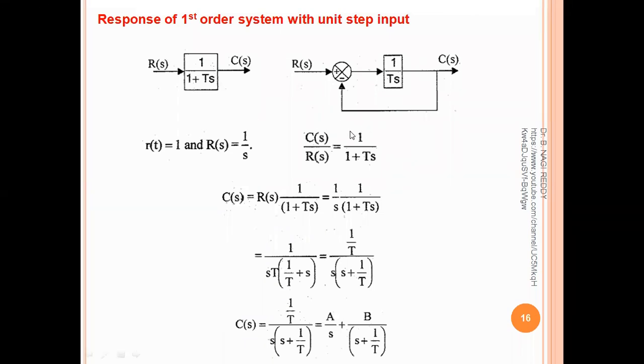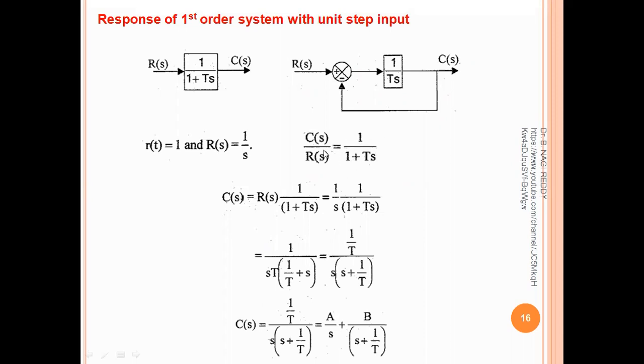Now we know the transfer function of the system, which is, this is a first order system, so 1 by 1 plus ts. We need to calculate C of t. So for that, according to our basics, we need to calculate the C of s. Later on, we need to convert the C of s into C of t by applying inverse Laplace transforms. This is our M of s, nothing but the transfer function.